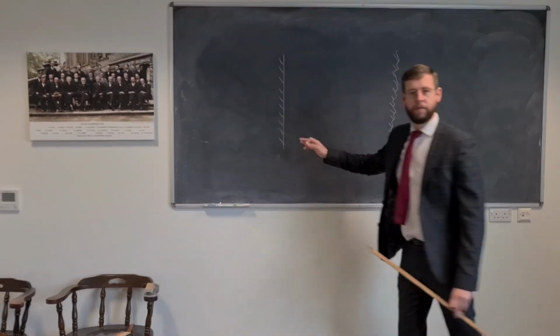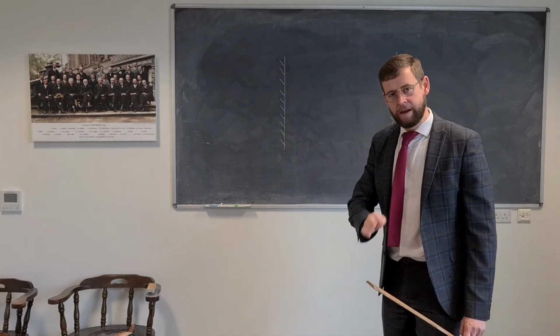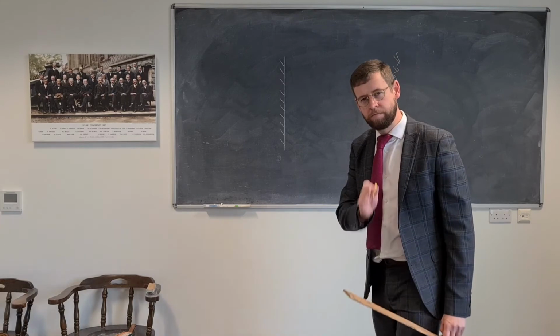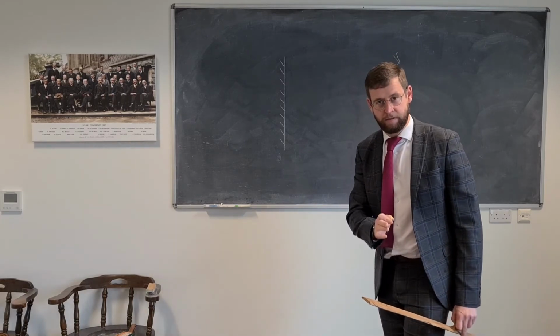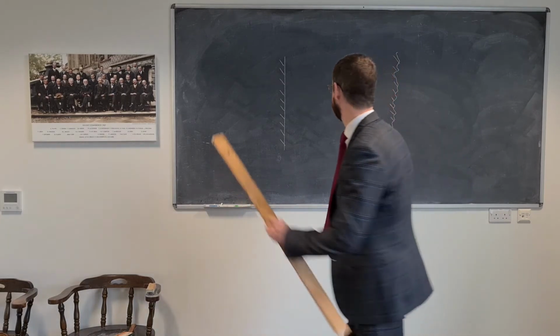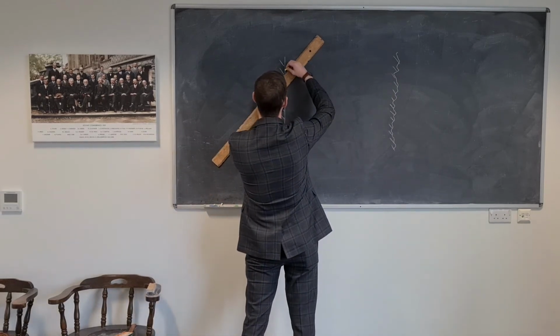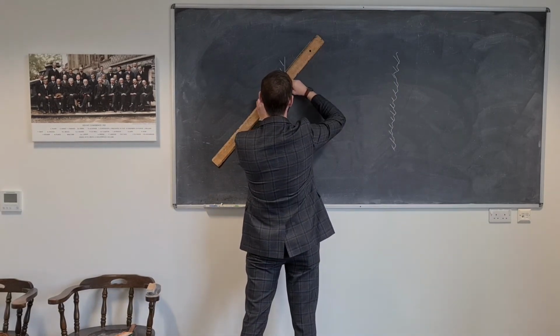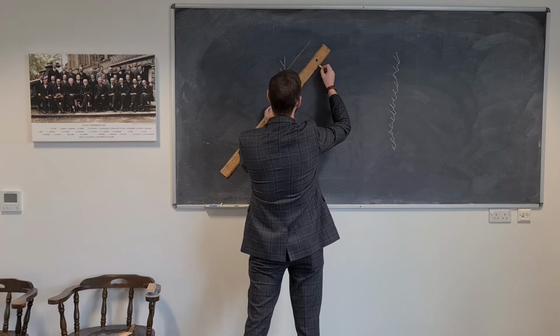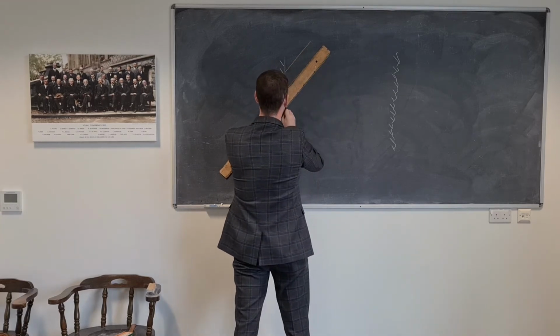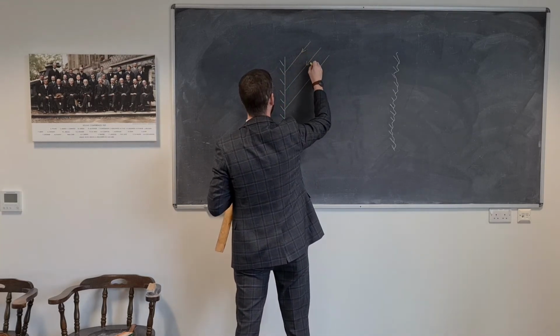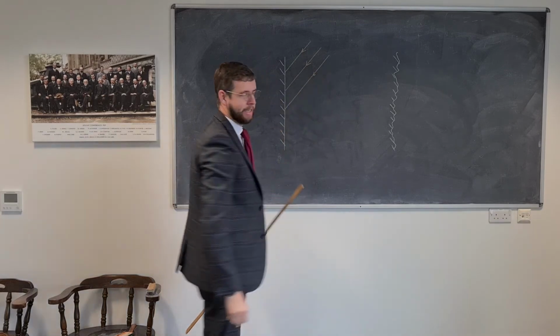So here on the left we have a surface that is so smooth that it is going to give off a specular reflection. If I was to draw some rays of light like this, and these are coming in, here they come, then what happens when they hit that surface?